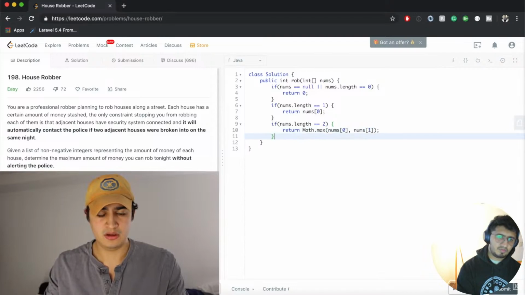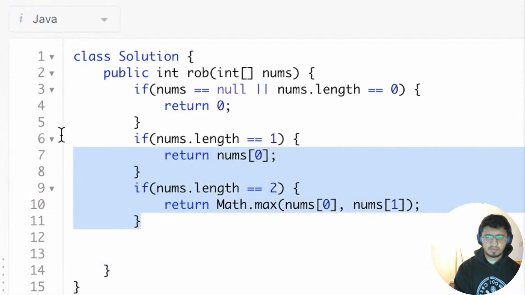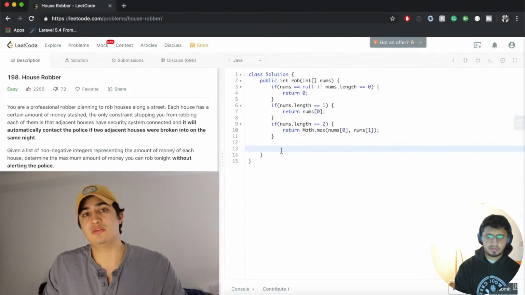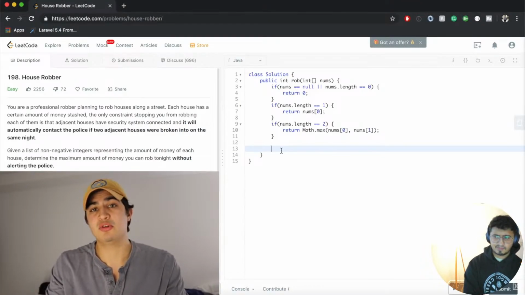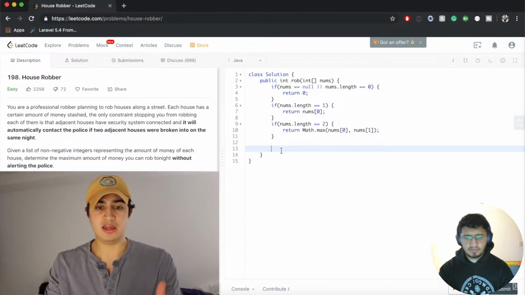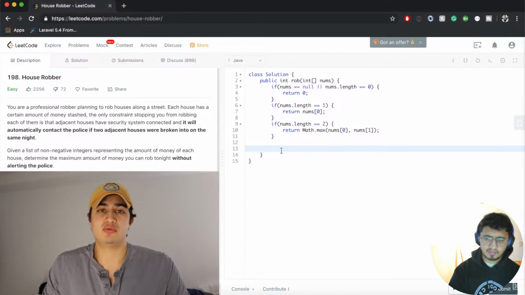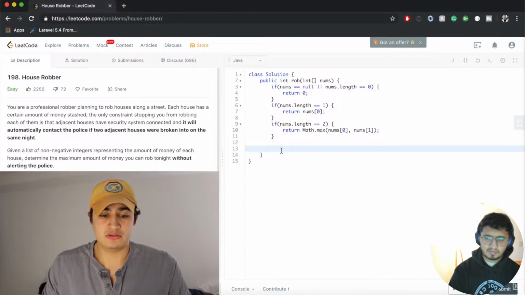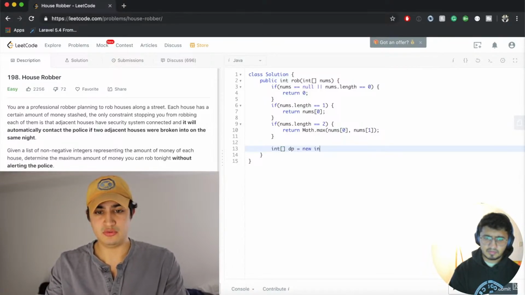Okay, so those are going to take care of the smaller cases. And now we need to begin building towards bigger cases, but these will still hold. So we're going to make a dynamic programming array now, and dp[i] is going to represent the maximum amount of money that we can rob up to the ith house. So we're going to say int[] dp = new int[nums.length].